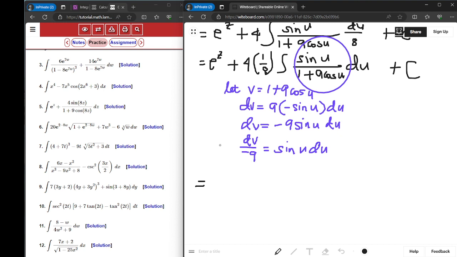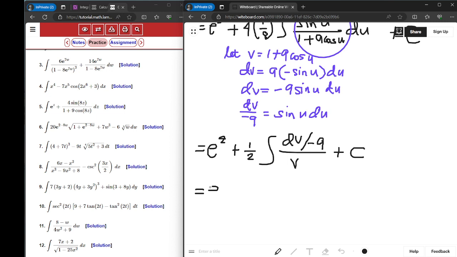Okay, this is e to the z plus 4 times 1/8 is 1/2, times the integral of sine u du, which is dv over negative 9, all over v. Shouldn't forget plus c.